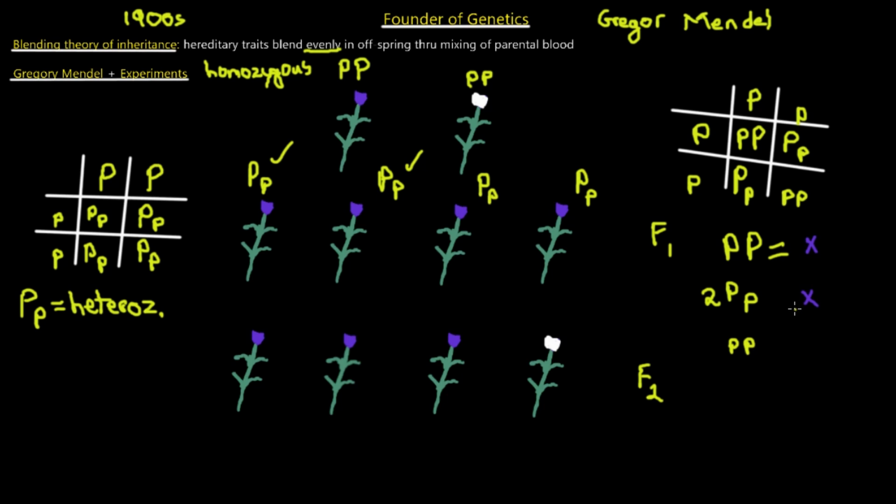However, now that we have produced our homozygous recessive allele, there is no more purple allele to cover that or dominate over it. So we end up with a white homozygous right here.